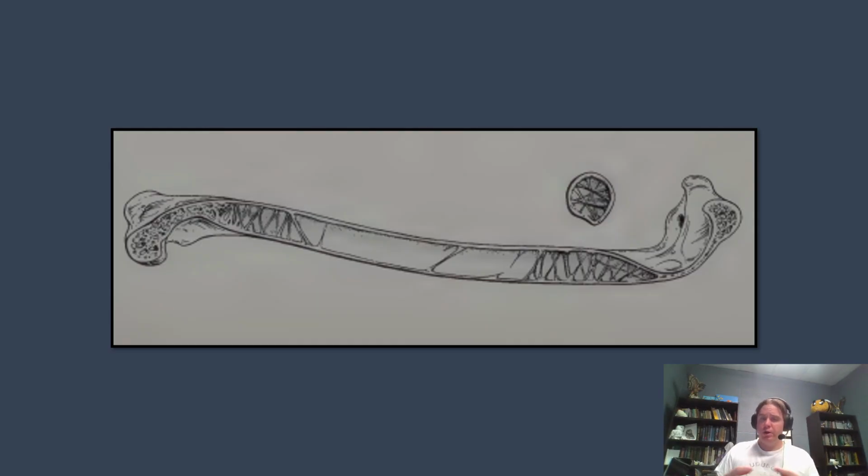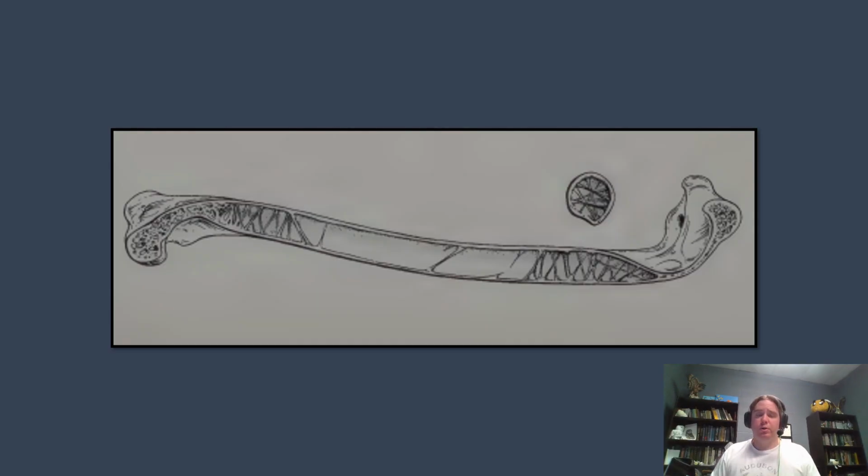A hollow bone is intuitively lighter than a solid bone of the same size. I think I can say that, and all of you will probably agree with me that that intuitively makes sense. But the fact is that that's not really the case in the avian skeleton.